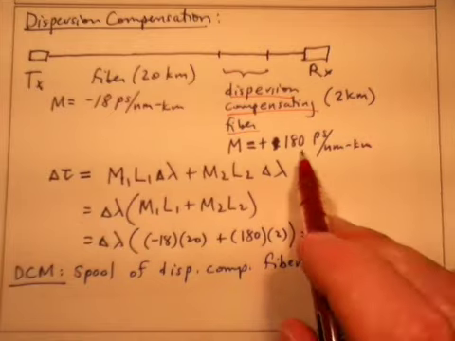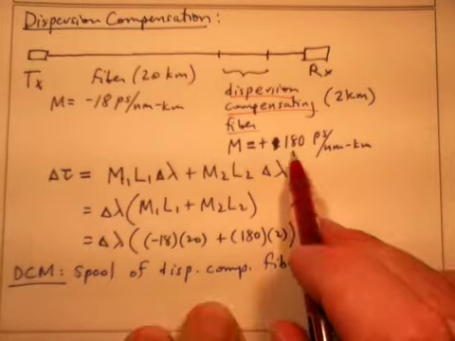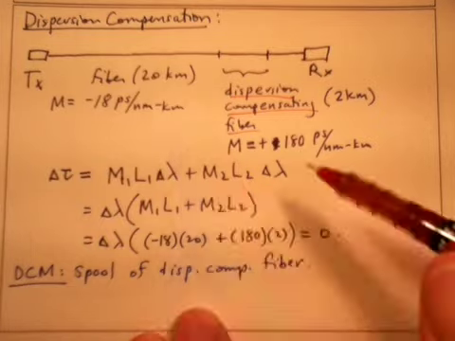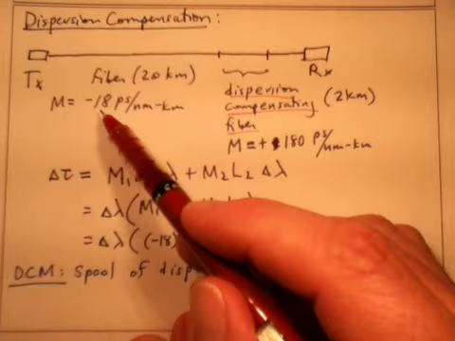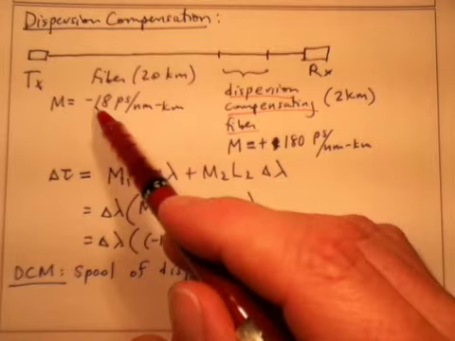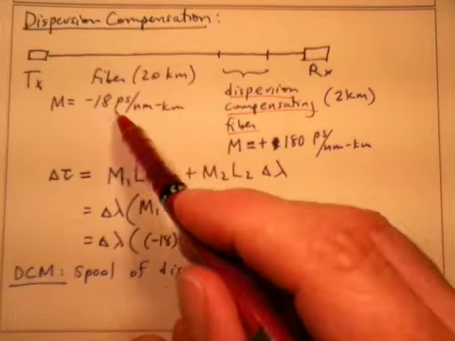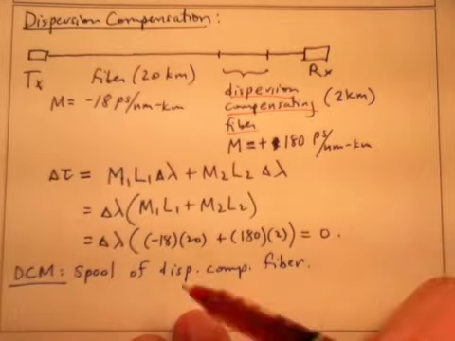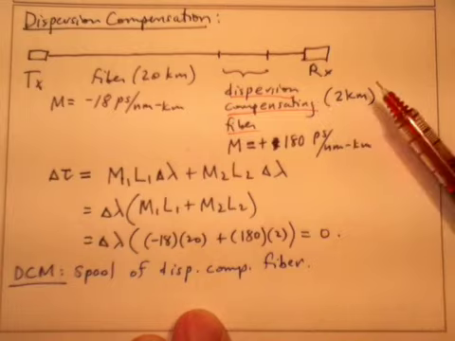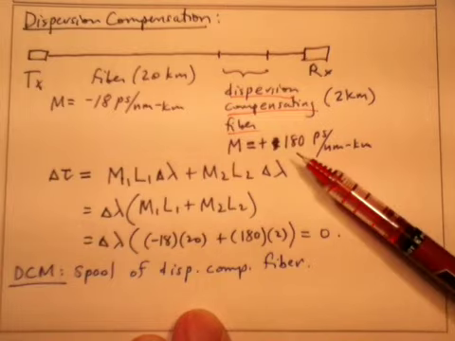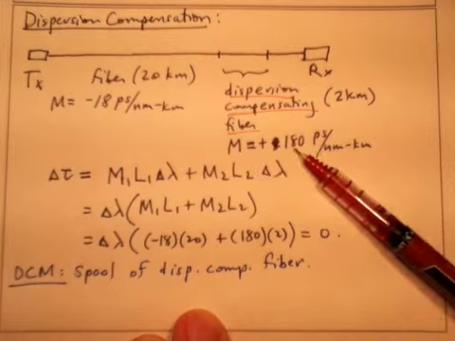dispersion values. And in this example, what I've done is I've taken a 20 kilometer link of SMF28, standard single mode optical fiber, whose dispersion is something like minus 18 picoseconds per nanometer kilometer. And I've taken a very short length, 2 kilometers, of dispersion compensating fiber whose dispersion is 10 times.